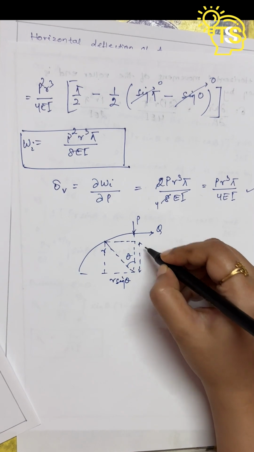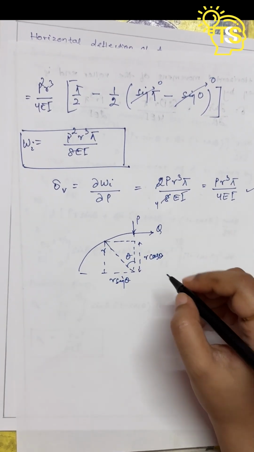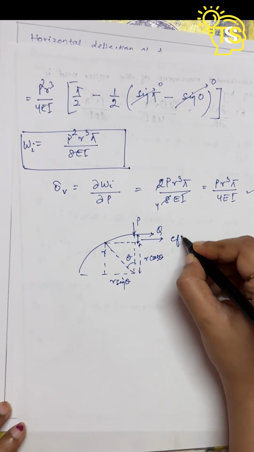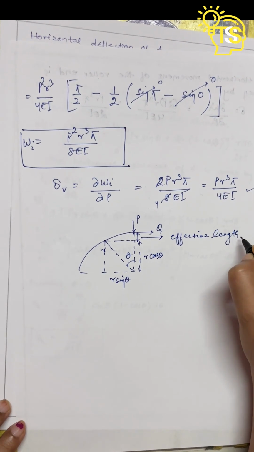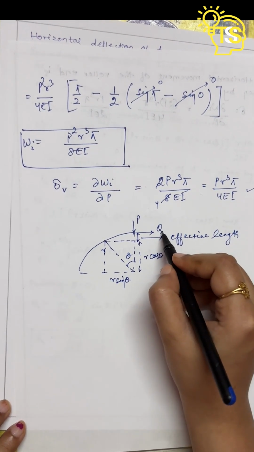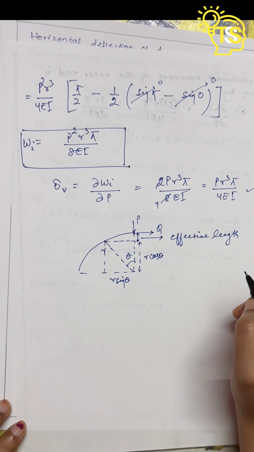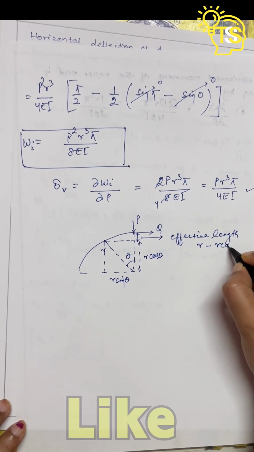Until here the value is R cos theta. And here this is the effective length on which horizontal force Q will act. The value of this effective length is R minus R cos theta.